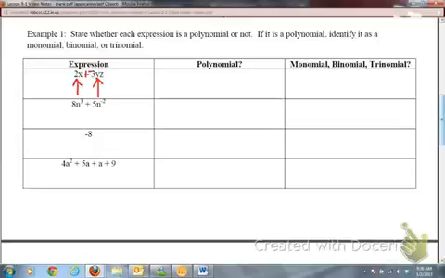So yes, this is a polynomial. In the next column we put yes, it is a polynomial. And since it has two terms, it is a binomial. So in the third column we write that it is a binomial.